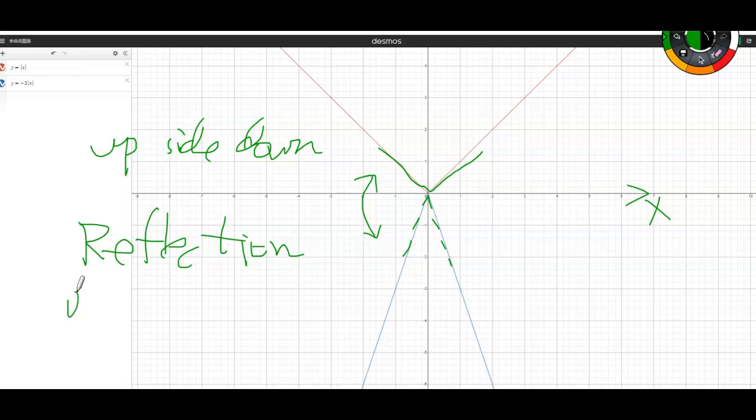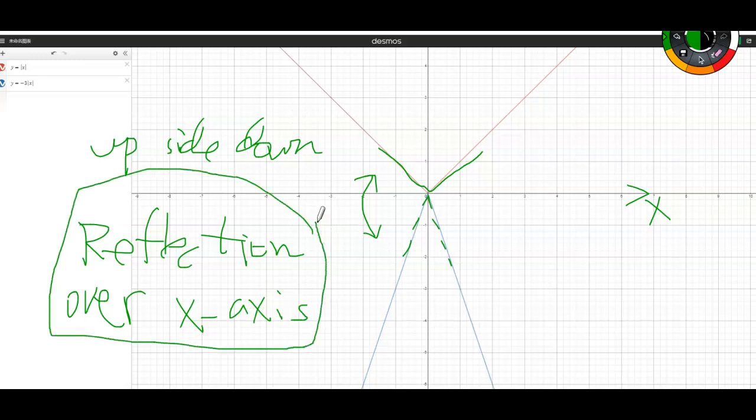So this is reflection over the x-axis. This is the vocabulary word to describe upside down. And what makes the upside down happen? If you multiply a negative number in the front.